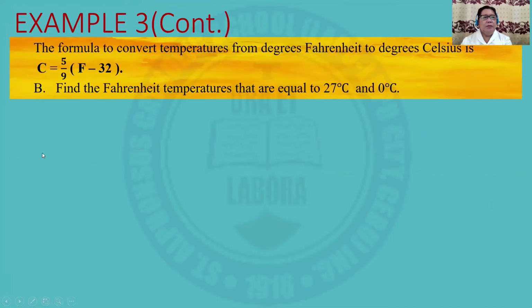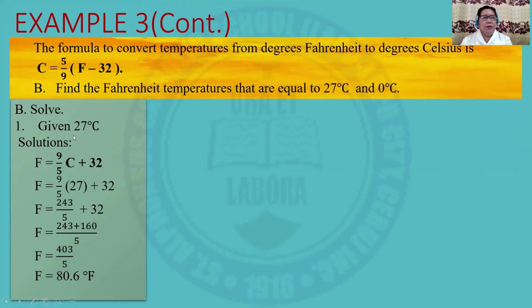Let's continue. For letter B, we need to convert 27 degrees Celsius to Fahrenheit. So, F equals 9/5 C plus 32. All you have to do is substitute 27 for C. So 9 times 27 is 243 over 5 plus 32. You can simplify by finding the LCD.